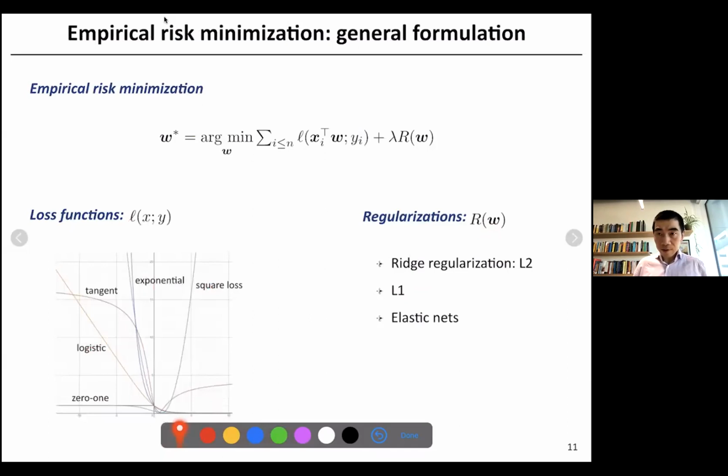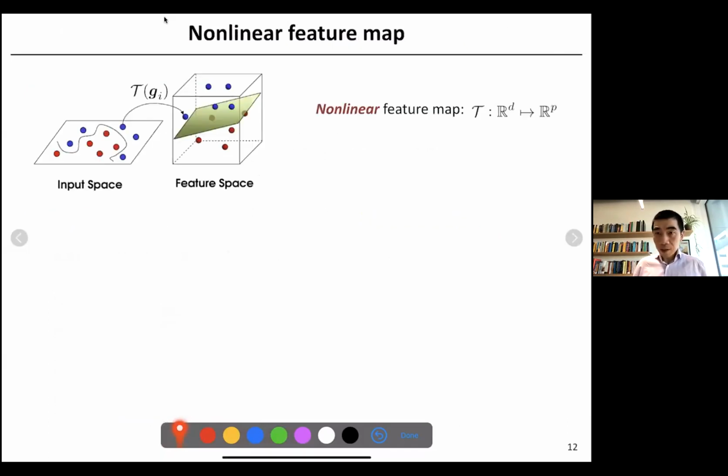But first, let's consider a more challenging setting, because in many cases, the data, in this case we visualize these as red dots versus blue dots, are not linearly separable. They cannot be separated by a hyperplane, but they can be separated by some nonlinear curve. So then typically the strategy that we apply is to do a nonlinear mapping, a so-called feature map.